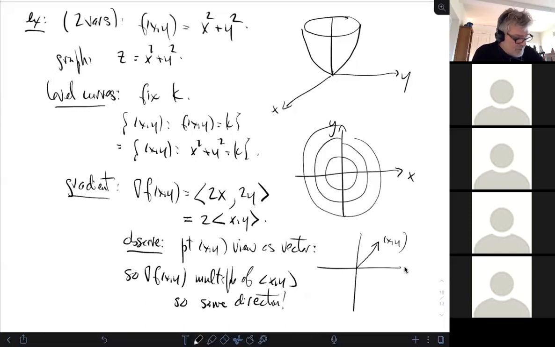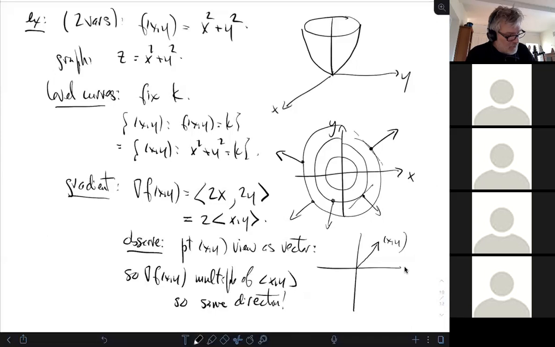Right? So that means that if you take any point x y like that, your gradient is pointing in the direction opposite the origin everywhere. I'm not considering the length of anything here, right? So you see that your gradient at all these points is perpendicular.